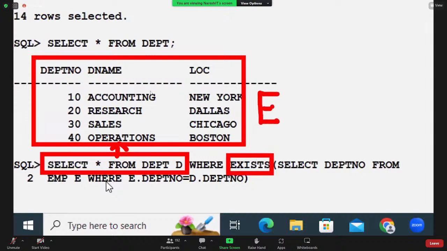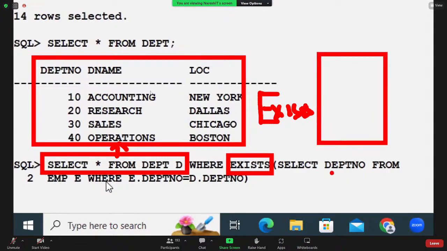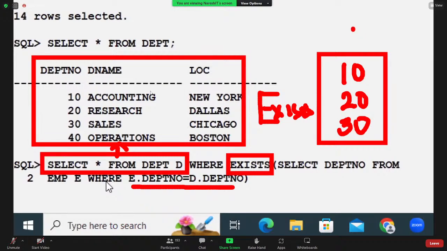EXISTS. EXISTS of which query? Inner query. As per this condition, which departments are matching? 10, 20, 30. So this is the inner query result, and this is the outer query result.